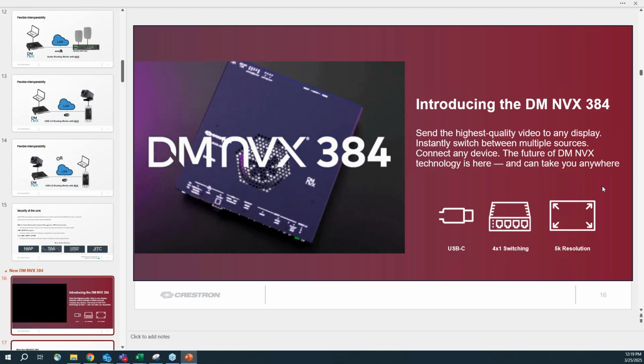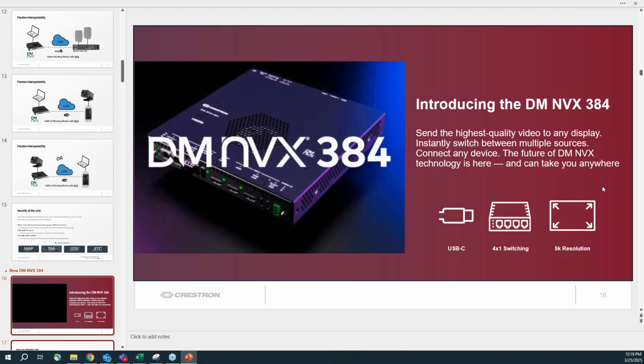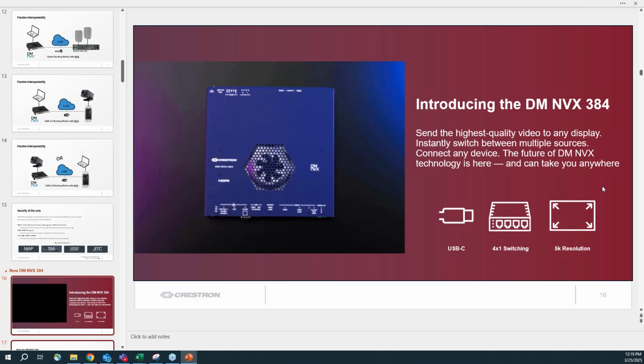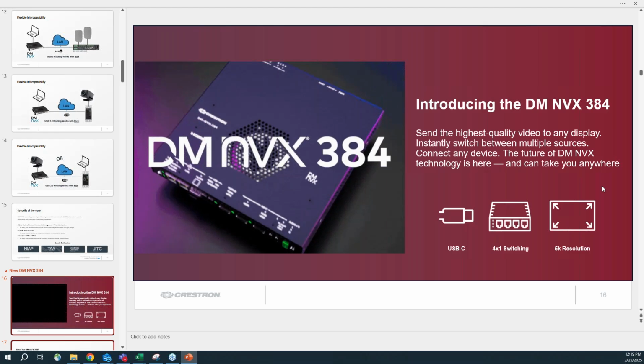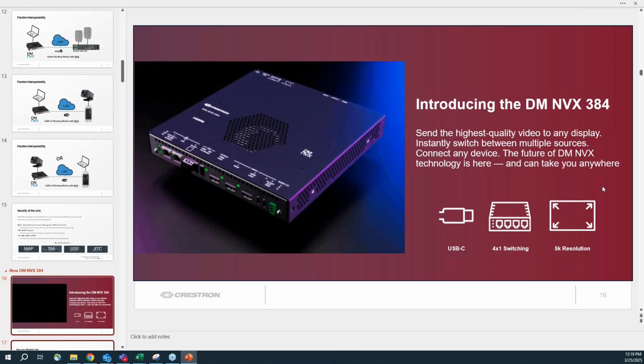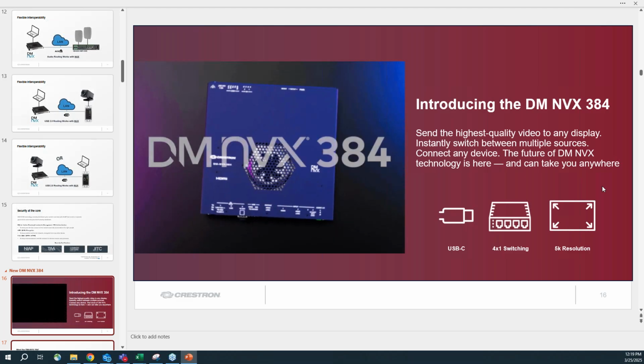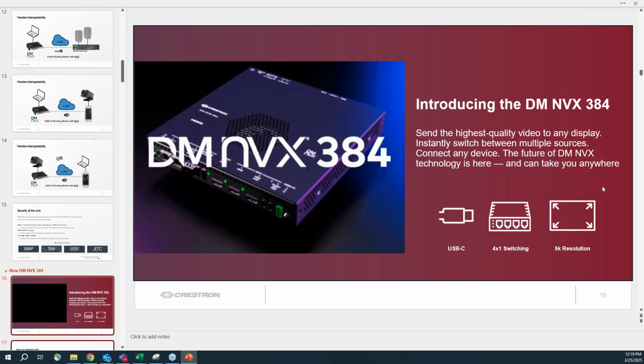So as I mentioned, NVX is a portfolio of nodes, and you can right size and pick what node to perform what task. One of our newest ones is this one right here, which was just released at ISC in Barcelona. This is our NVX 384.